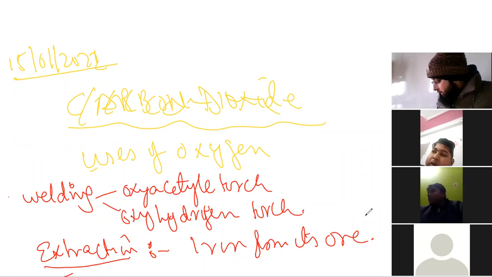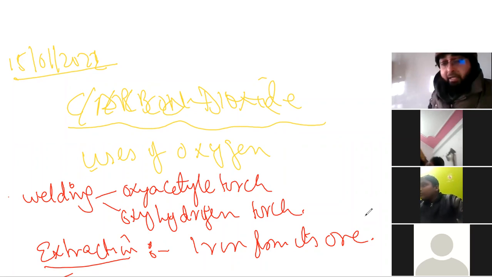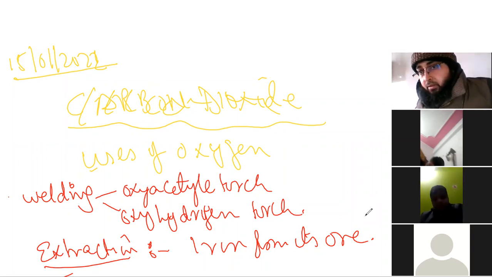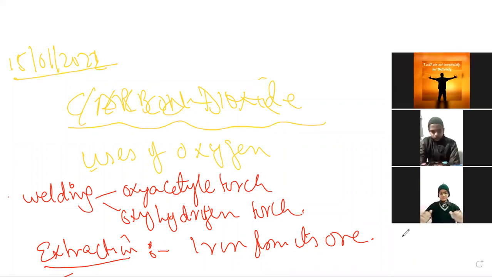See, the first point is written: it is used in the manufacture of iron and steel. And in a blast furnace, oxygen is used to extract iron from its ore. Understood, Shazar beta? Okay, very good, mashallah. Umar, you also understood, beta?